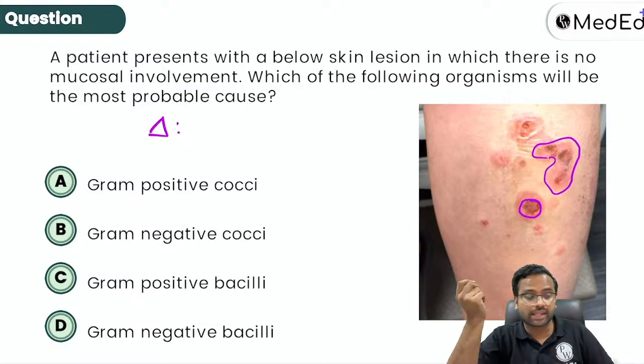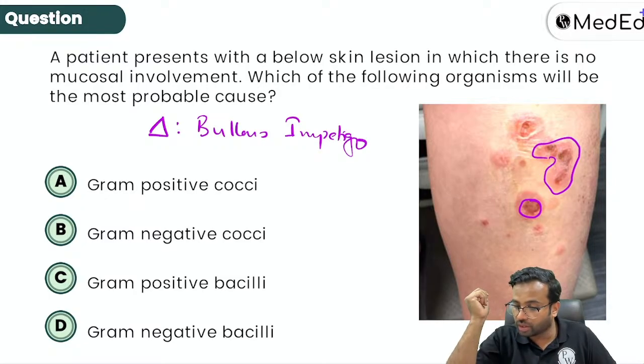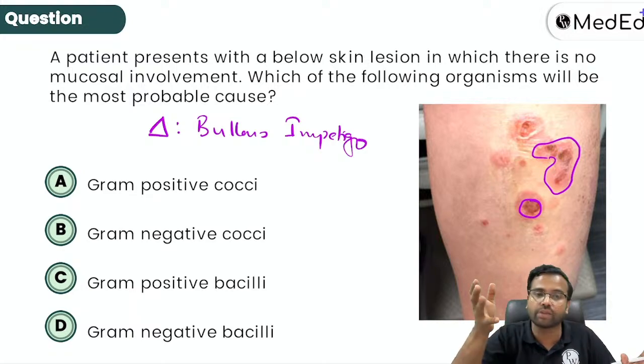Yes, so this can be an example of bullous impetigo. Now let's see what the answer could be here. Which organism? Is it a gram-positive cocci, gram-negative cocci, gram-positive bacilli, or gram-negative bacilli?